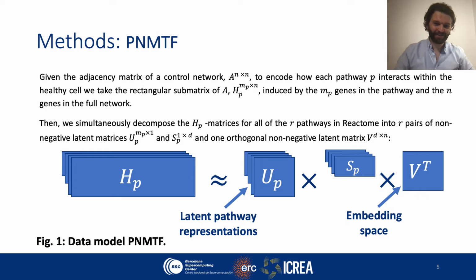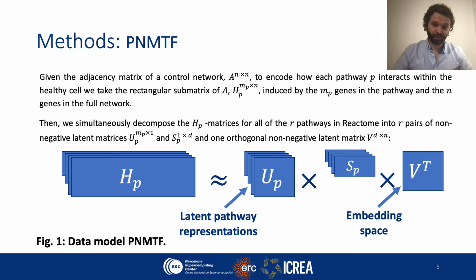So now for our PNMTF model. As you can see in the data model below, our goal is to learn a latent pathway representation UP for every pathway in our set of curated pathways. Then, on the other hand, we also want to learn an embedding space V that organizes these latent representations.